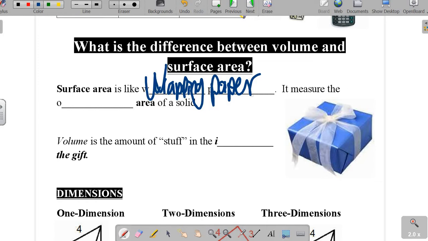It measures the outside area of the solid, the area of the surface of the solid. Volume would be like what the gift is on the inside. We've been focused exclusively on volume for the past 3 lessons.